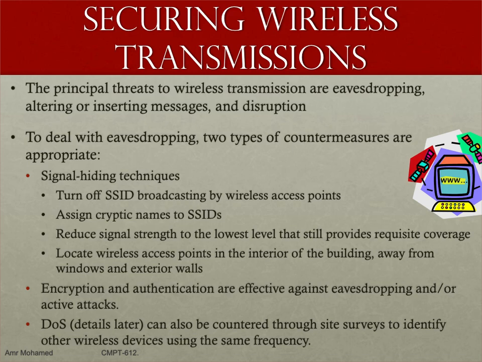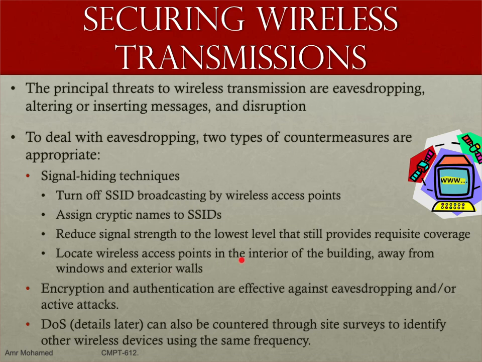This means we limit access to the network to only a small geographical area. So this is a spatial mechanism for controlling security, based on the space or range of the signal.